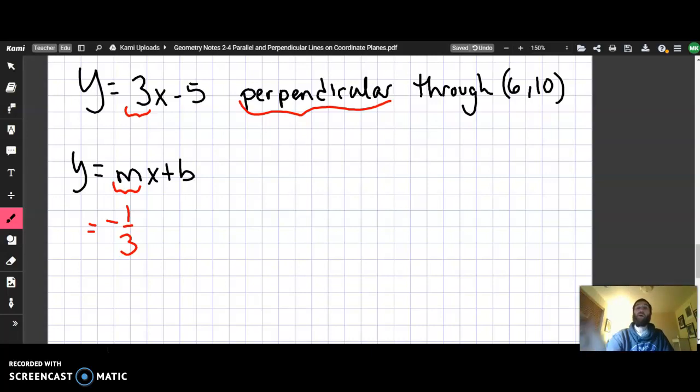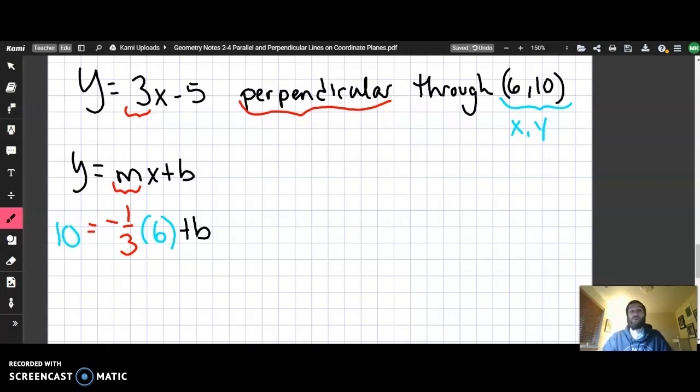We just really care about our new point for our new line, x comma y, and to plug that in, our 10 equals -1/3 times 6 plus b in order to get our b by itself, so we know our new y-intercept to know our new line.